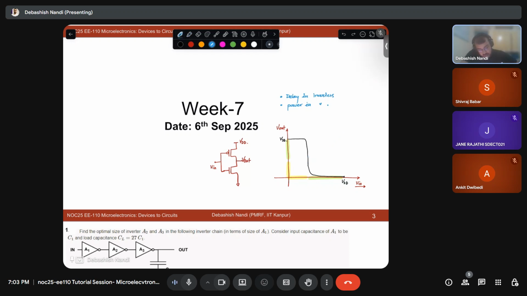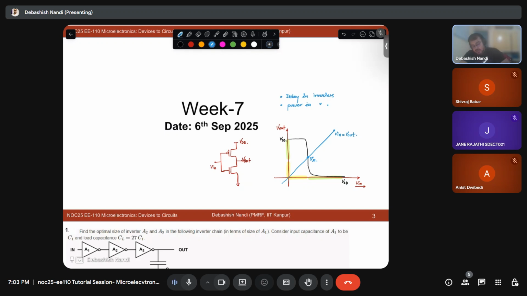You just draw a straight line with a slope of 1. That means along this line, your V in is equal to V out. And the point where it intersects your VTC is generally called your VM. So why is it important?